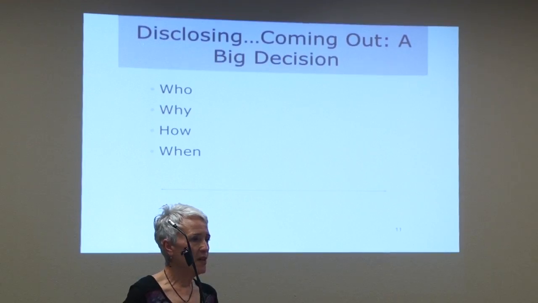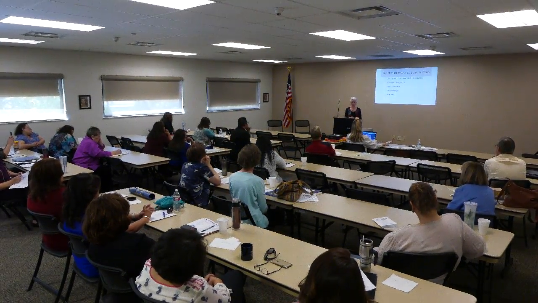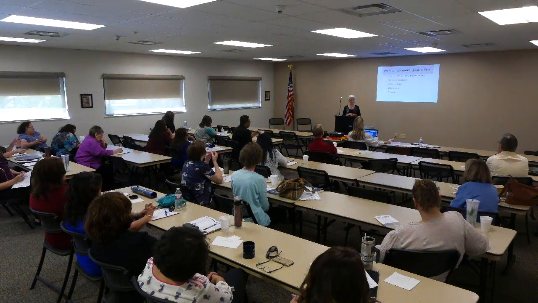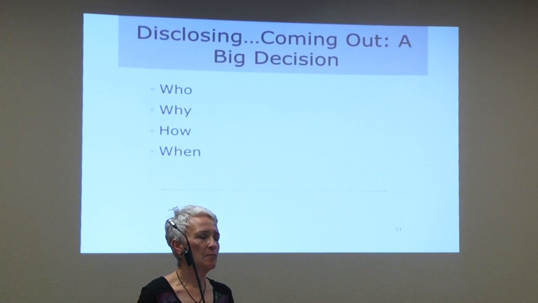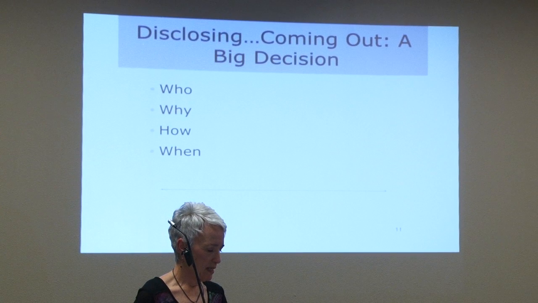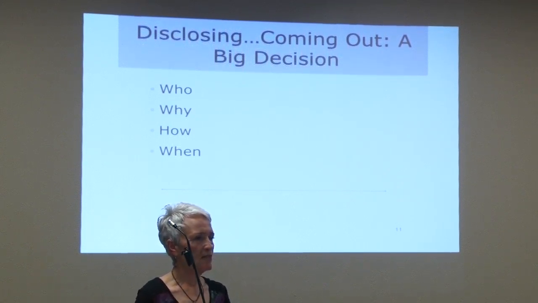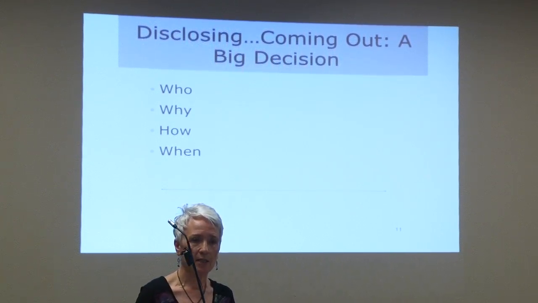So when we think about somebody with an invisible disability, think about what it means to them to disclose or to come out to somebody else. Let's say that, just to pretend, somebody out here has an invisible disability, and you believe that it is time for you to share this invisible disability with others.